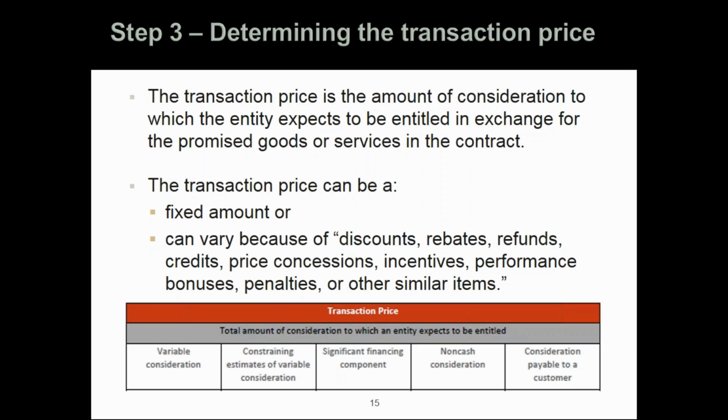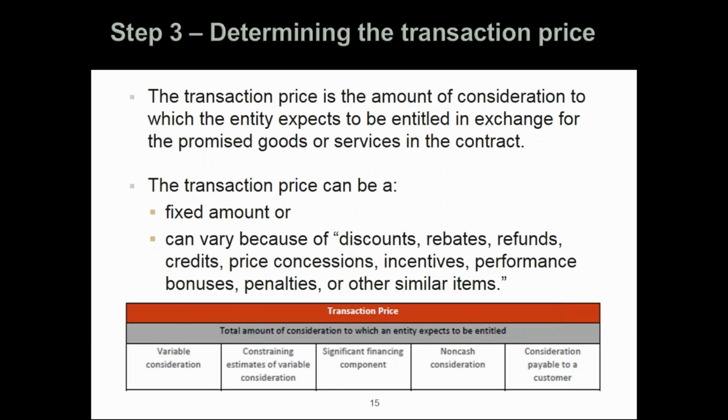Other elements to consider are significant financing components. If you have extended repayment terms, you may have an element of the total consideration that relates to financing. Suppose you're delivering a specialized piece of equipment, and you're done upon delivery of the product, and maybe it's a $500,000 piece of equipment, but you've accepted extended repayment terms, and the principal isn't going to be paid off until 5 years from the date of delivery.